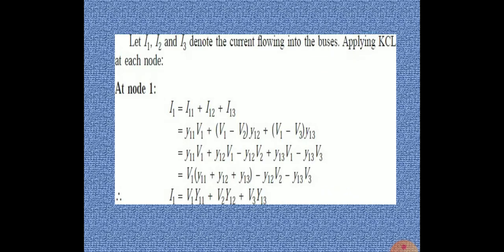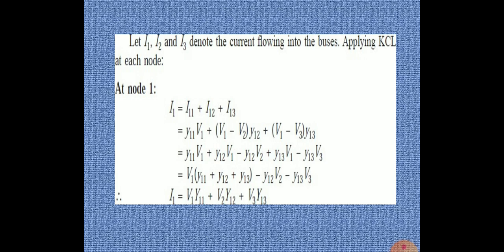So I11 is equal to Y11 V1. We can write in terms of admittance values: I11 is equal to Y11 V1, plus I12 is equal to V1 minus V2 into Y12, plus I13 is equal to V1 minus V3 into Y13. Then we multiply the inside terms and segregate the equations, grouping the coefficients of V1.